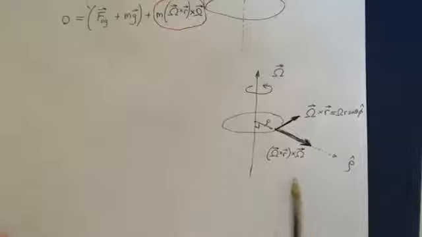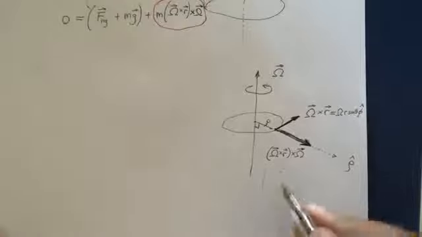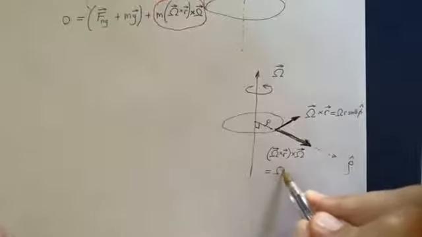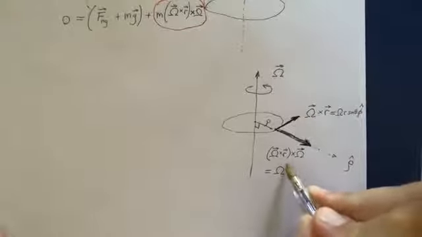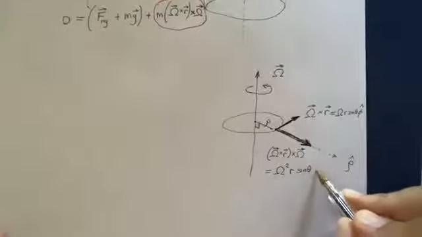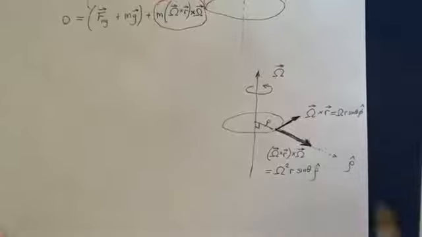Okay, so the magnitude of this vector, we can just write this formula out explicitly. We get omega squared r sine theta rho hat. And remember, r sine theta is rho.